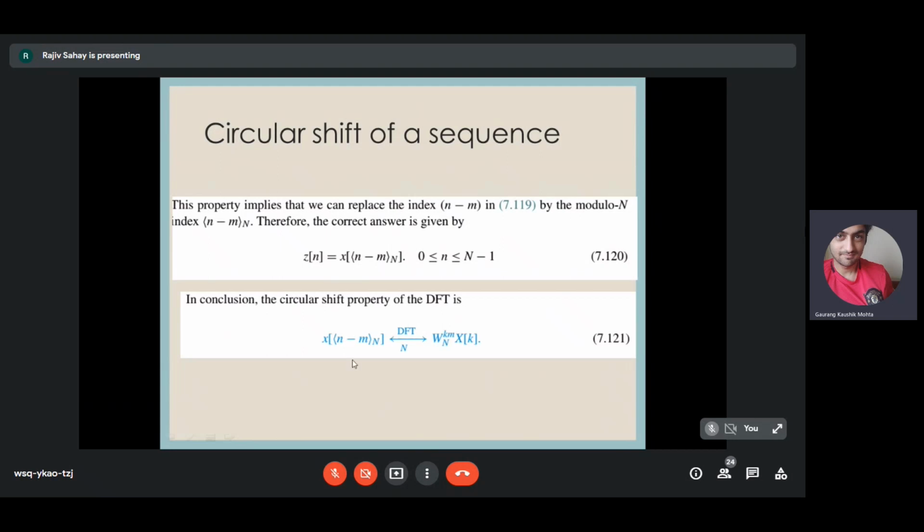A circularly shifted discrete sequence x of (n minus m) modulo N will have its DFT multiplied by W_N to the power km. So this factor will multiply X[k] if you have a circularly shifted discrete sequence.